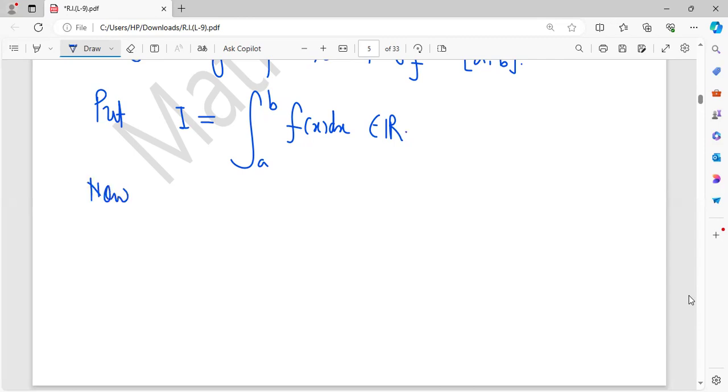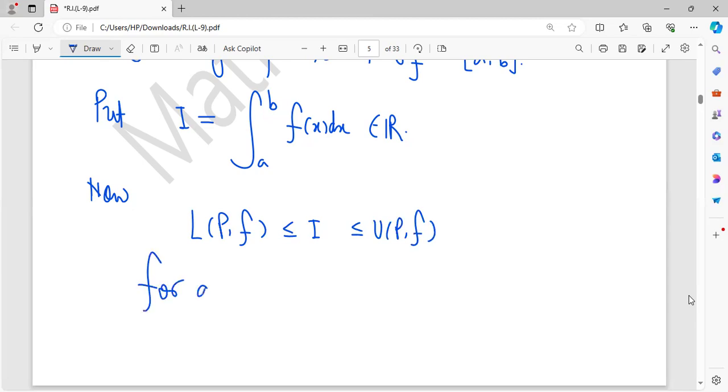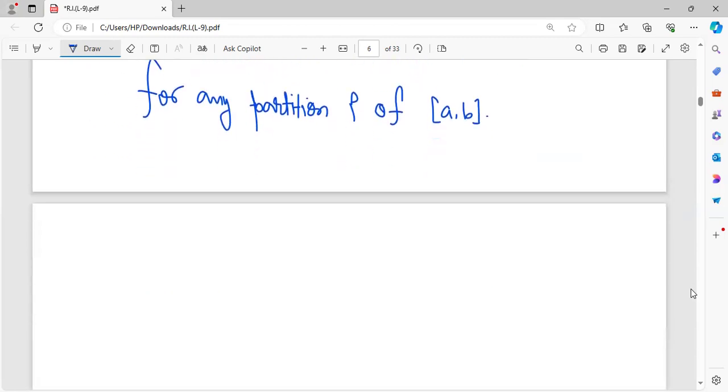Now, because L(P,f) is less than or equal to I, which is less than or equal to U(P,f), for any partition P of the closed interval [a, b], observe that I lies between L(P,f) and U(P,f).